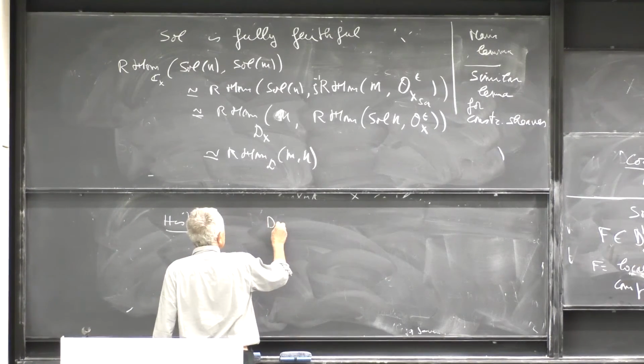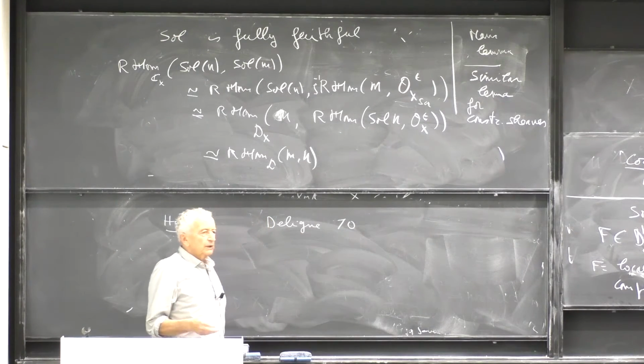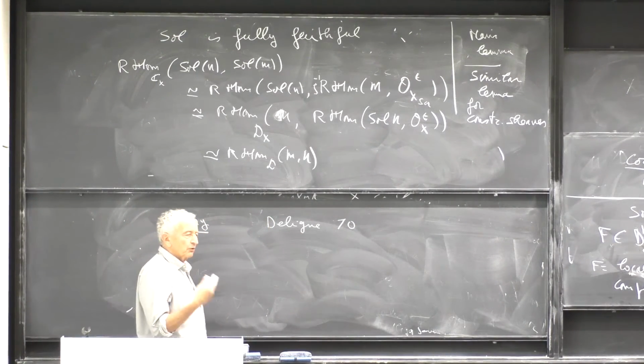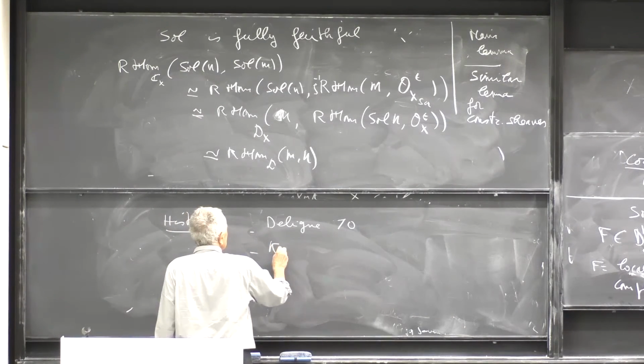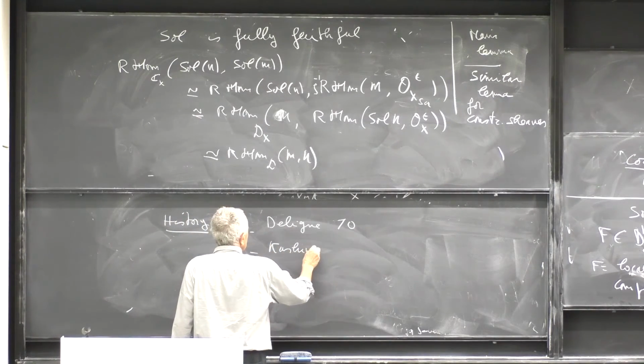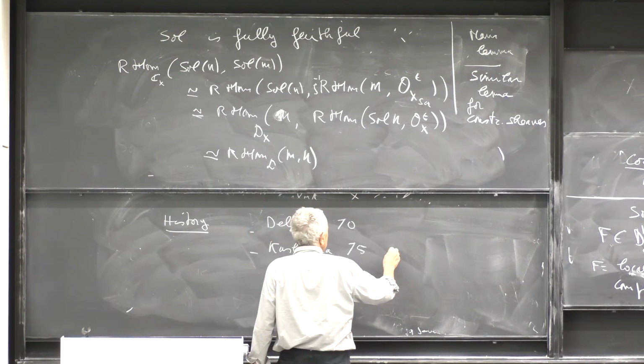What is very important is the book by Deligne in the 70s, where he did Riemann-Hilbert for meromorphic connections. And after, as I explained, Kashiwara in 75 proves the constructibility.